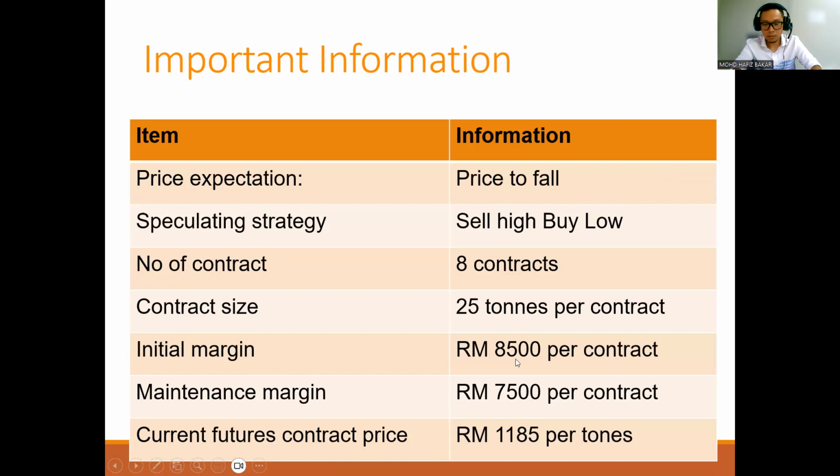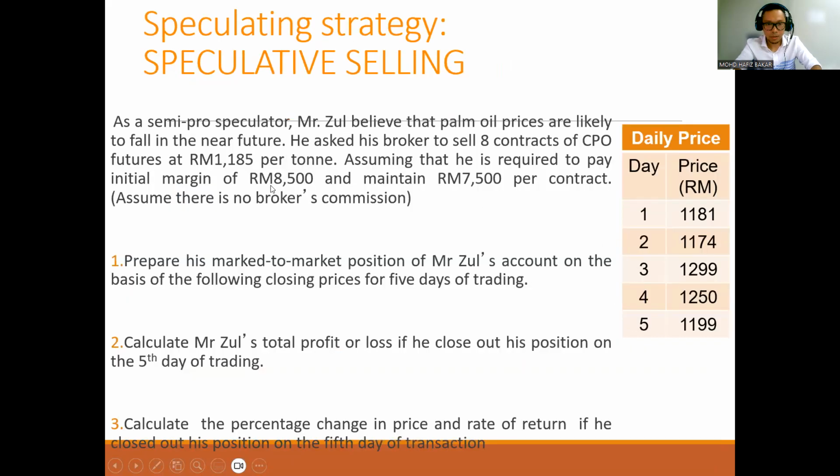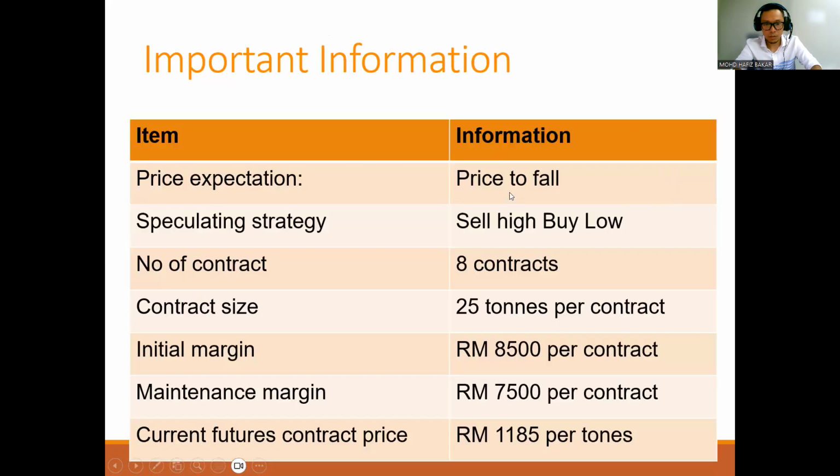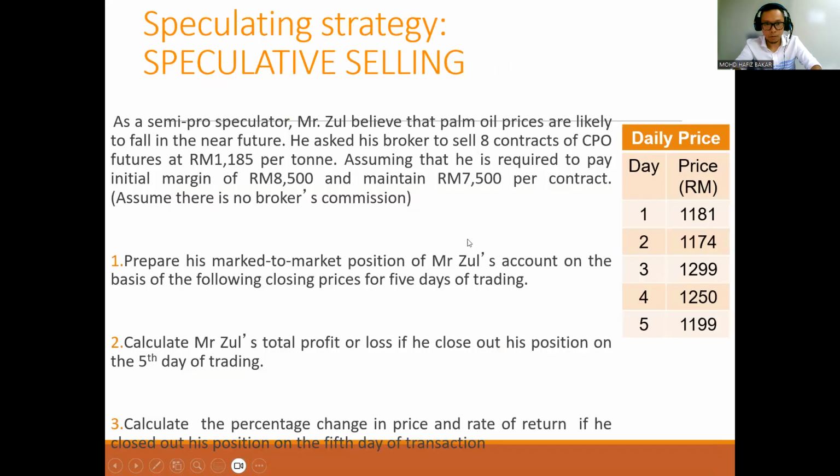Initial margin 8,500. Maintenance margin 7,500. And the current futures contract is at 1185 per ton, the CPO futures.